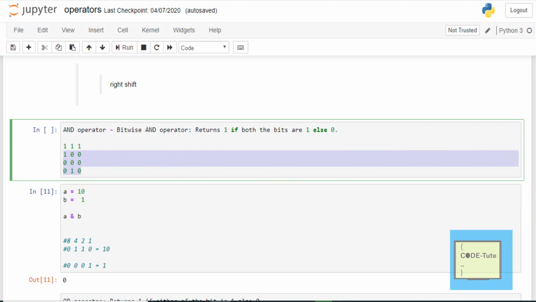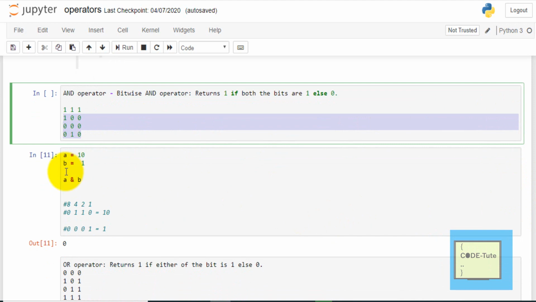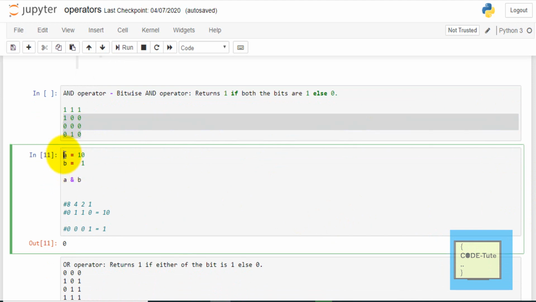Now let's understand this with the help of an example. Here A is 10 and B is 1. Here we are performing bitwise operator. So whenever you represent any number in binary format, you have to write like this: 1, 2, 4, 8.